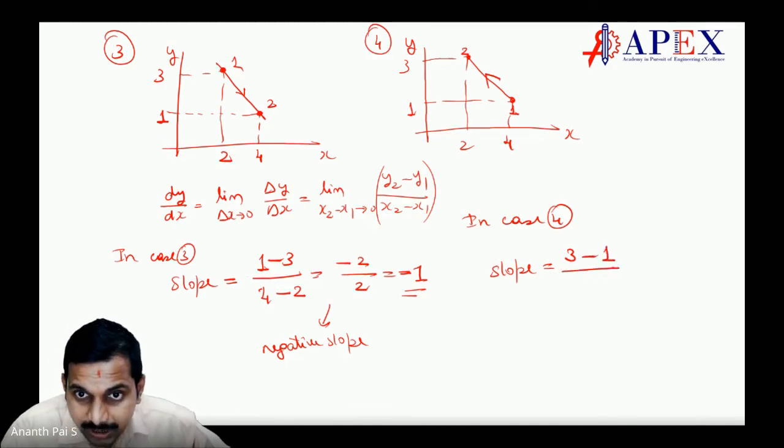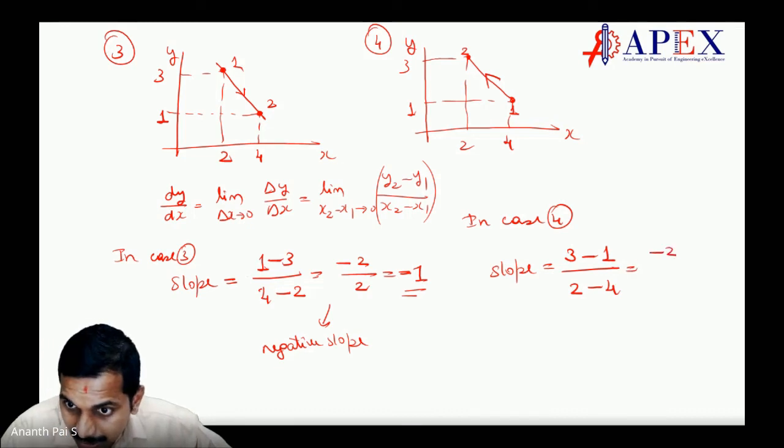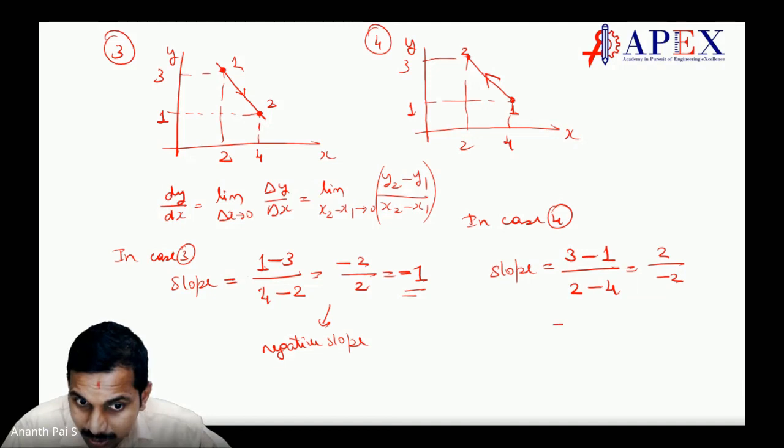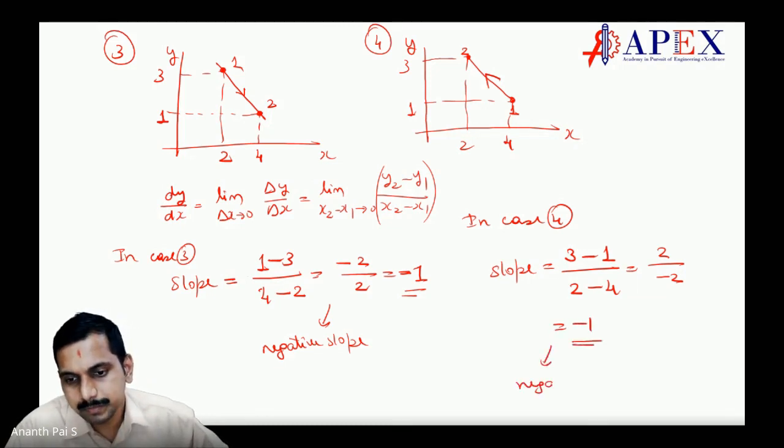X2 is 2, and x1 is 4. So that is 2 divided by minus 2. What is the slope? Minus 1. This also is a negative slope. Clear, students?